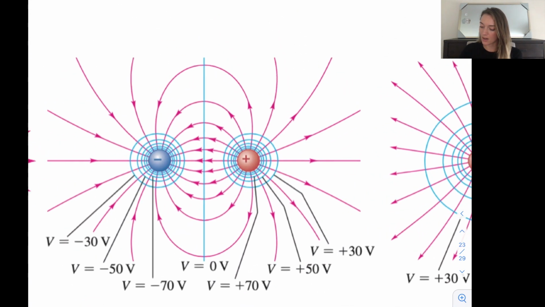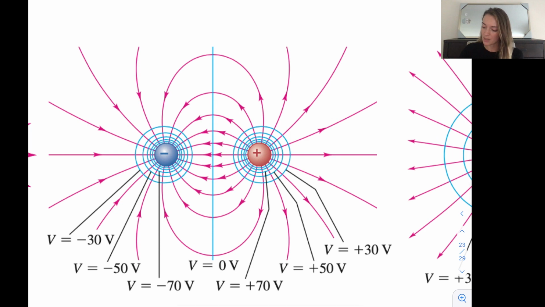In the case of a dipole here, the lines are a little bit skewed when you're near the charges, and there's one equipotential line that just goes straight down the middle. So if you took another charge and just moved it straight down the middle here, you would have to do no work for that.